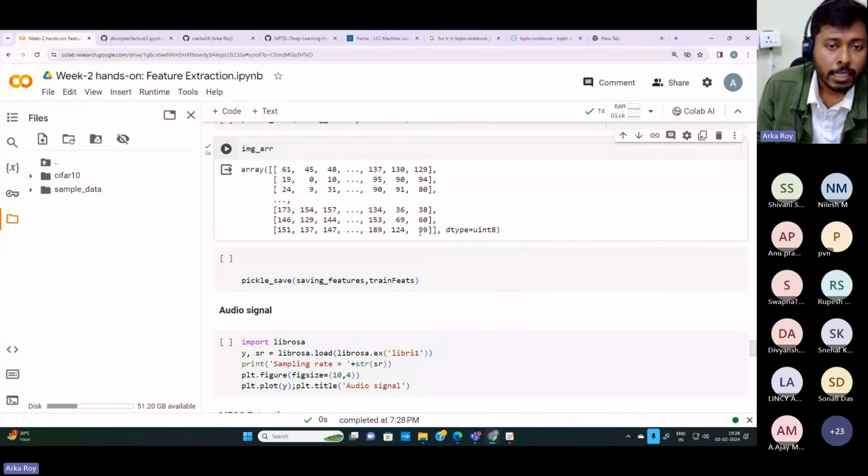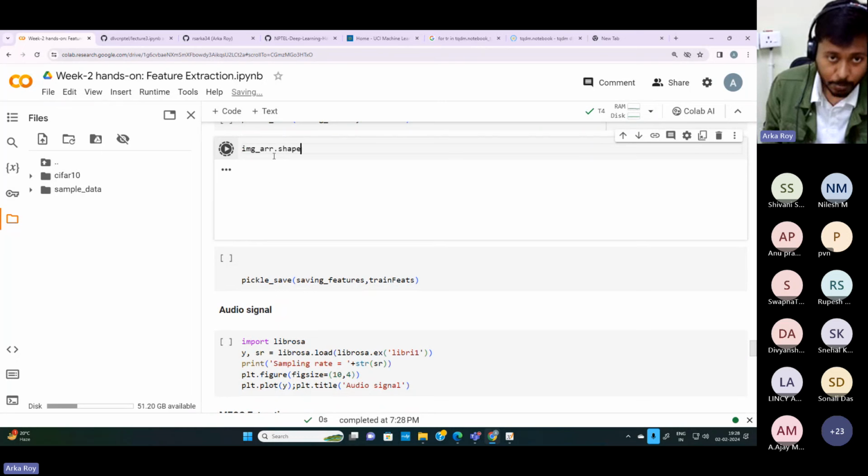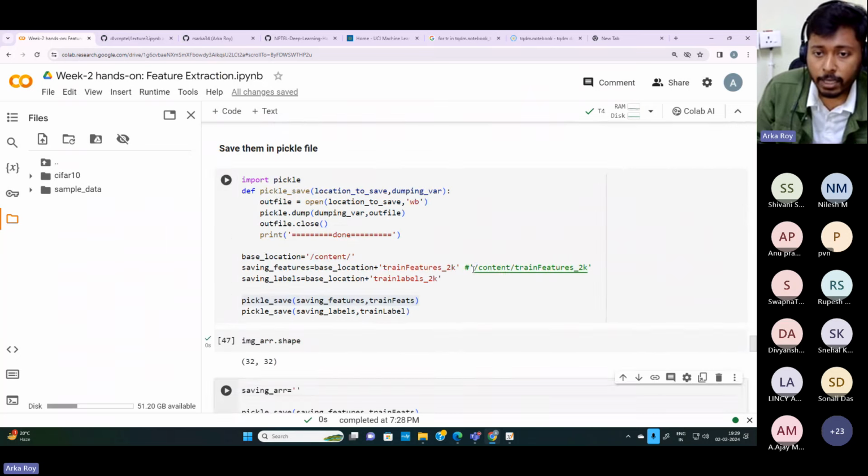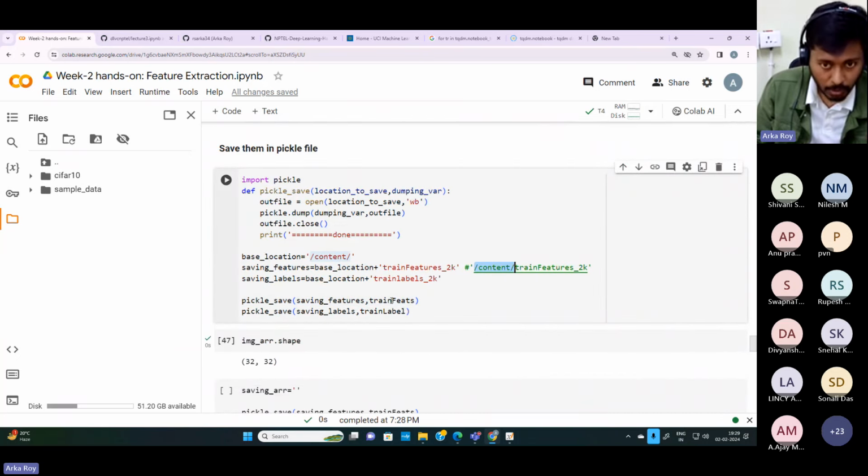This is the image ARR. This is the numpy array, which is of shape 32 by 32. Now let me create a location, for example, saving ARR. I will be saving it in the content folder as well.